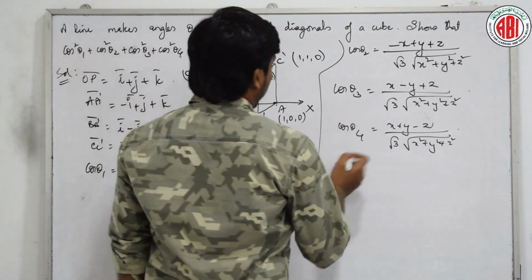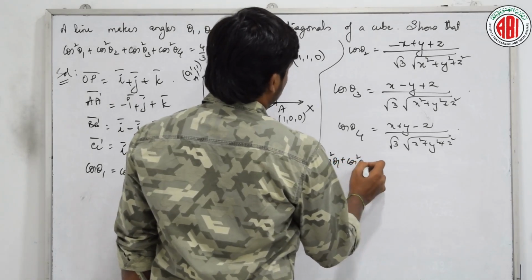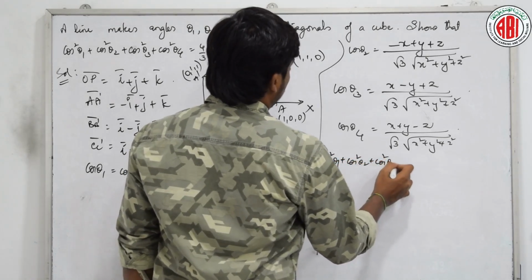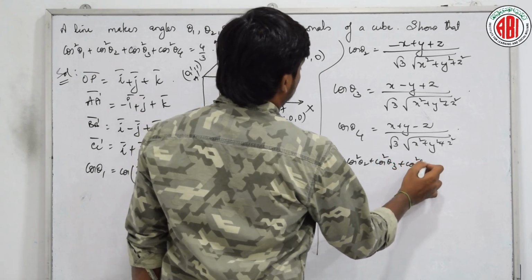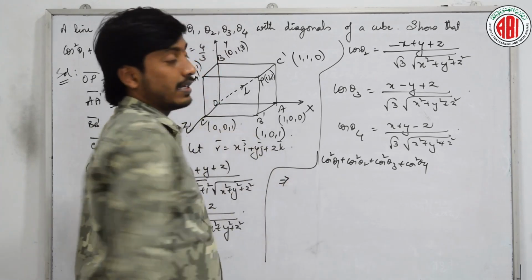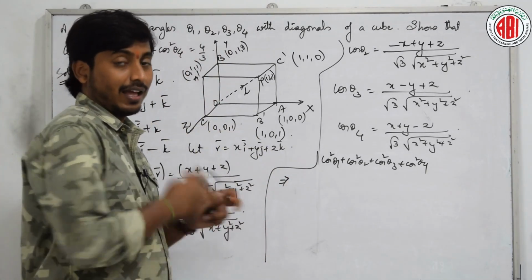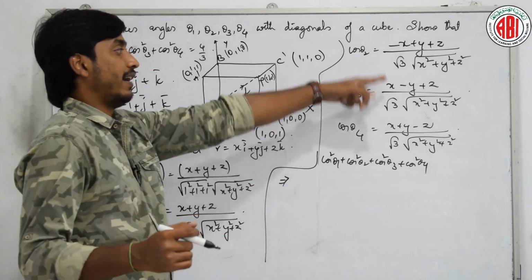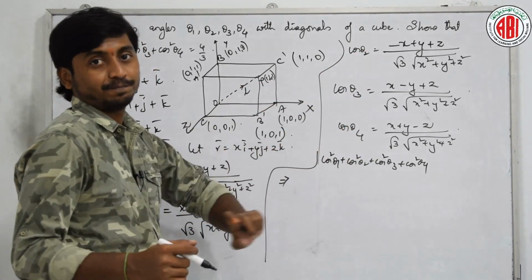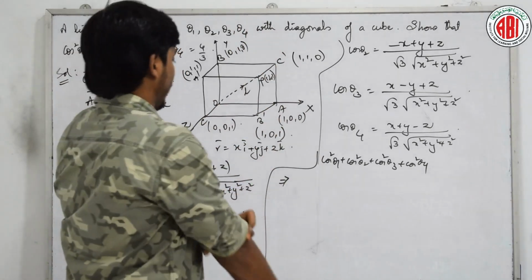Now, if I add all these after squaring, cos square theta 1 plus cos square theta 2 plus cos square theta 3 plus cos square theta 4, what will it be? Just tell me. We have to square it. Again a big formula. If I add everything, I will tell you what we get.